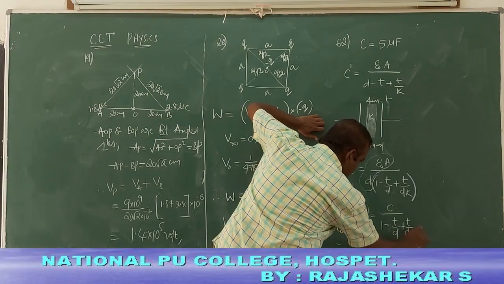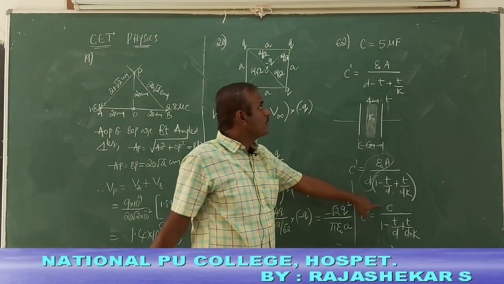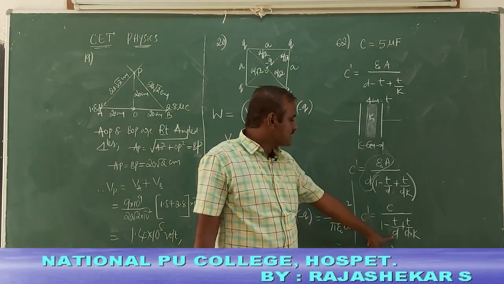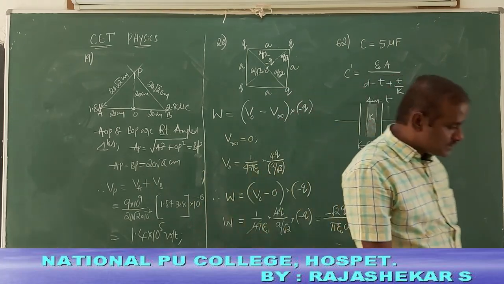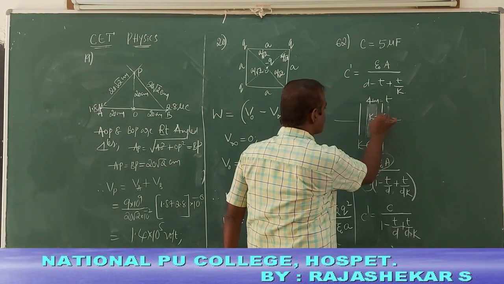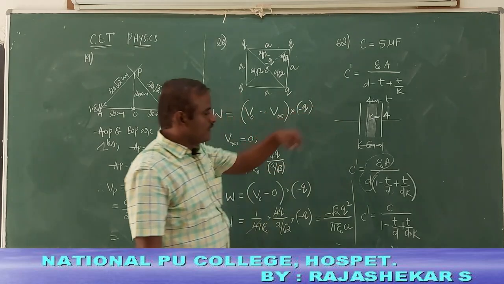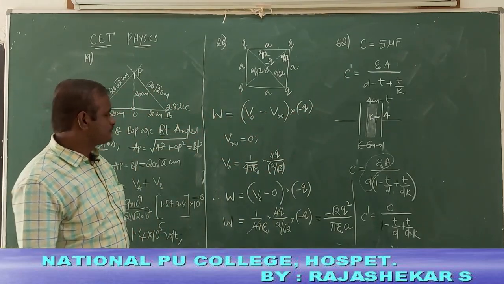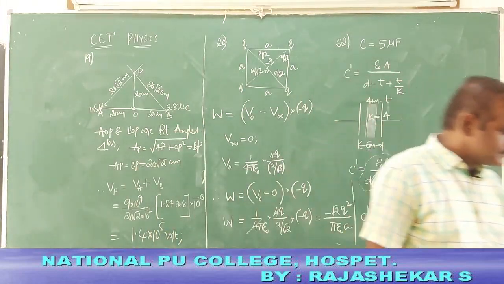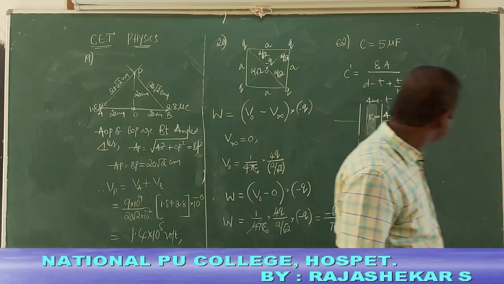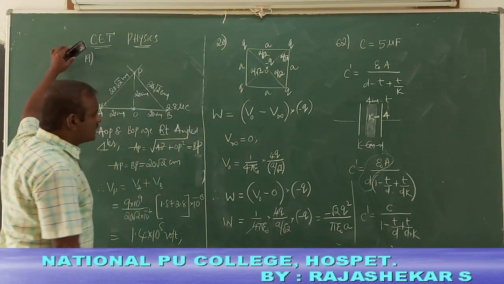C is given 5 microfarad, T is given 4 centimeter, D is given 6 centimeter, and K, the dielectric constant, is given 4. Substitute the values.